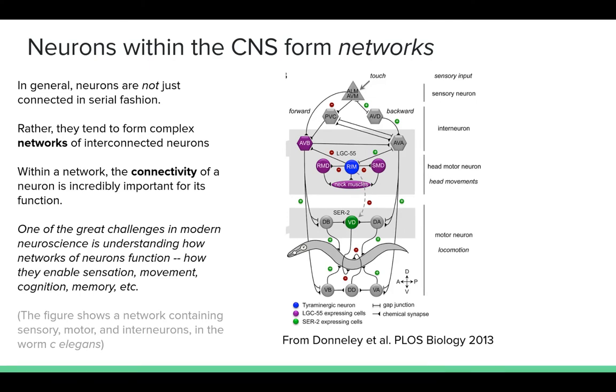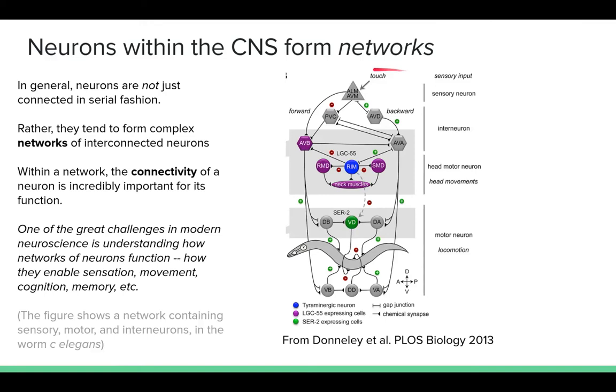It only has, I think, maybe a couple hundred neurons, which, compared to humans, who have 100 billion neurons, is very, very small and simple. Because it has so few neurons, it's possible to generate a wiring diagram to see how they're connected. This diagram shows the wiring and the connections between a subset of the neurons in this worm nervous system.